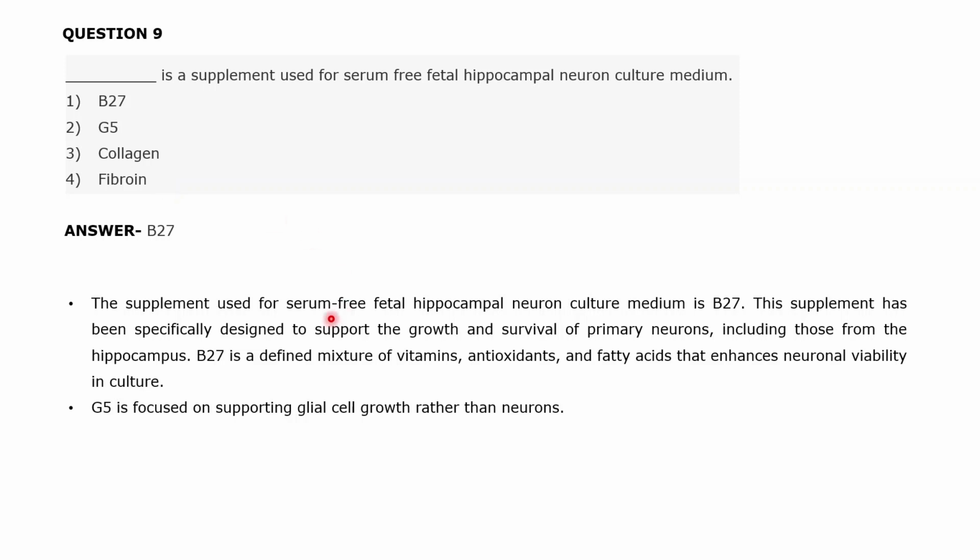If you are adding serum, it becomes a non-defined or undefined media, what we call a rich media, because we don't know the composition of that media. If you are extracting serum from an individual of an organism, or from a different individual, the composition of serum might vary from individual to individual.